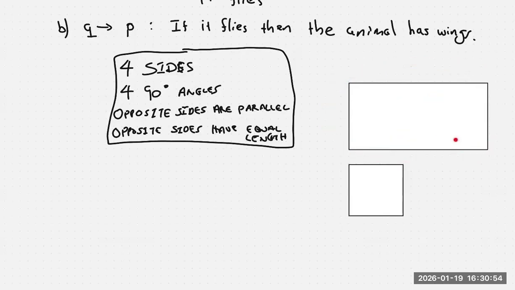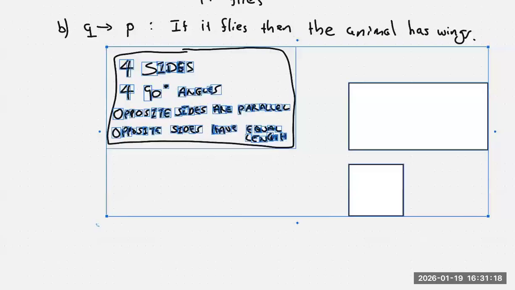So if a statement is true 99% of the time and false in one occurrence, it's a false statement. All right, so that's just an example of how you can tell if a statement is true. For it to be true, it must be true in every possible way. Please remember that. And if it is false in even just one way, then it's false. If you can find one occurrence where it is false, it's a false statement.